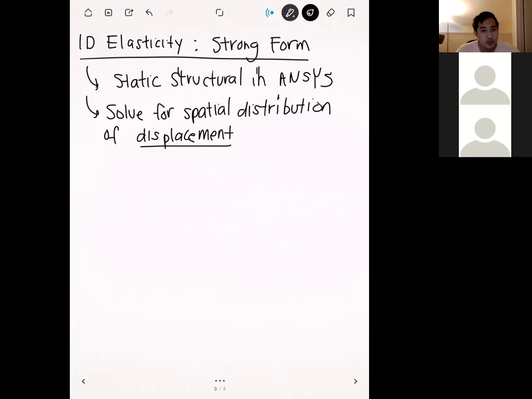In a lot of these situations, we have some kind of structural member. We're going to apply loads and constraints, and we want to see how that structure is going to deform in response to those loads. I'm going to start with a very simple situation, which is just 1D.